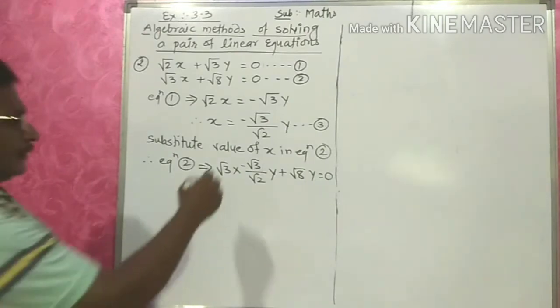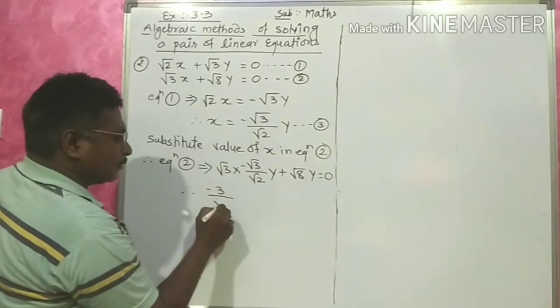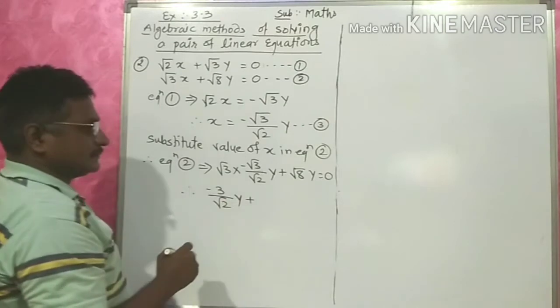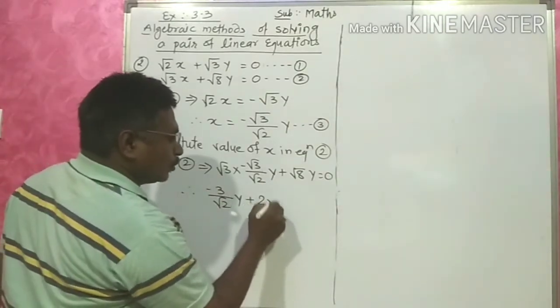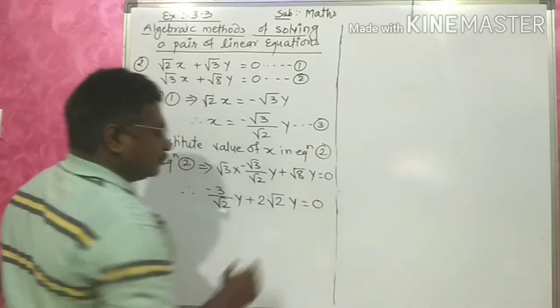Understood, student? Now what will we get? Therefore minus 3 by root 2 y plus 2 root 2 y equals 0.